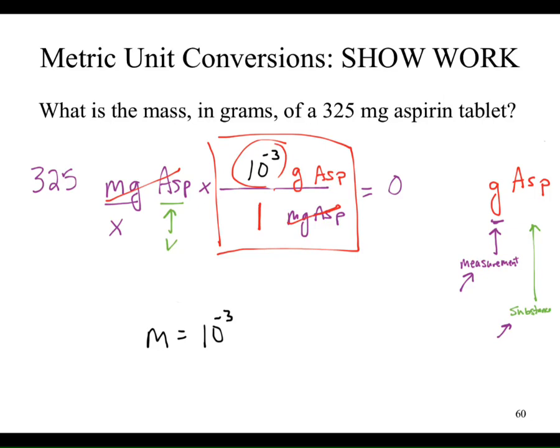We could end up with the option of 325 times 10 to the minus 3, 3.25 times 10 to the minus 1, or 0.325. All three of those are equivalent but are answering different things.